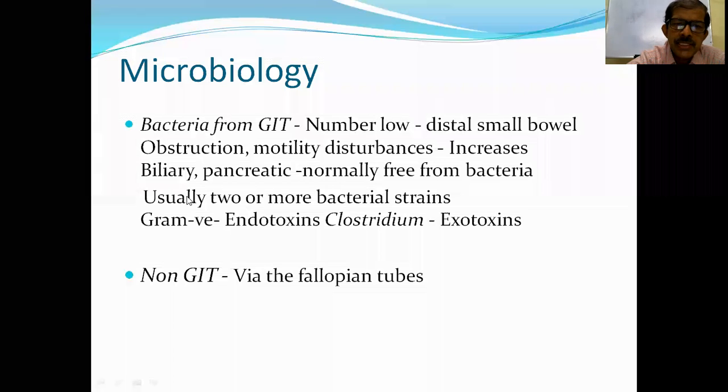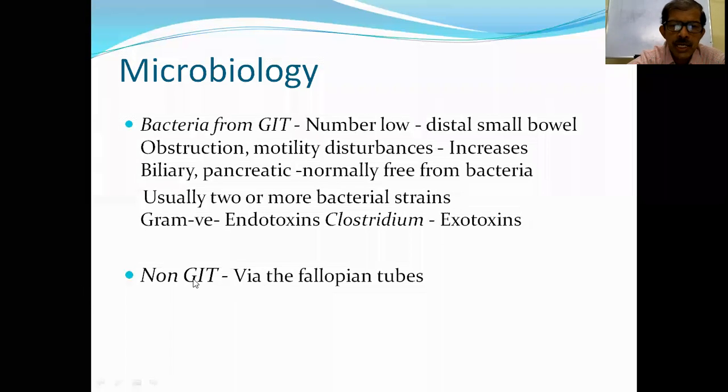And usually it is two or more, not single bacteria, two or more varieties. And as you already know, gram negative will produce endotoxin, whereas gram positive, like Clostridium, will produce exotoxin.